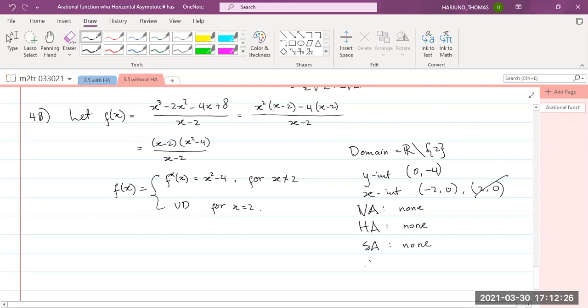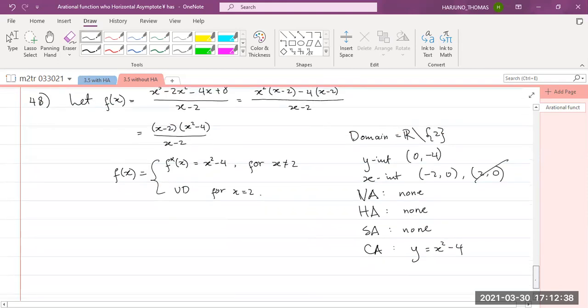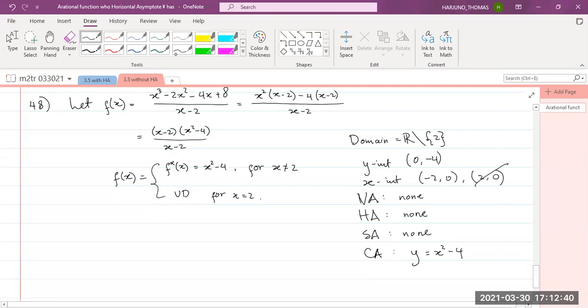Now, do we have curved linear asymptotes? We happen to have that. When we divide, we get y equals x squared minus 4. Now, what will the graph look like? It happens to be on the easy side.